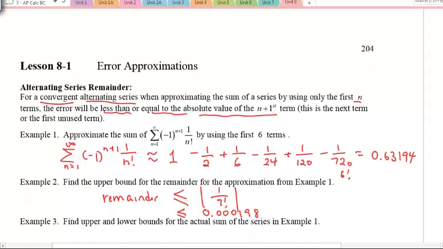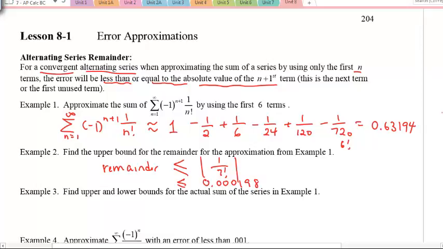Now, using that value, can you tell me the upper and lower bounds for the actual sum? Since I used the first 6 terms and got 0.63194, that would be my lower bound. I know my series is at least that, but the question I have for you is, what is the largest?